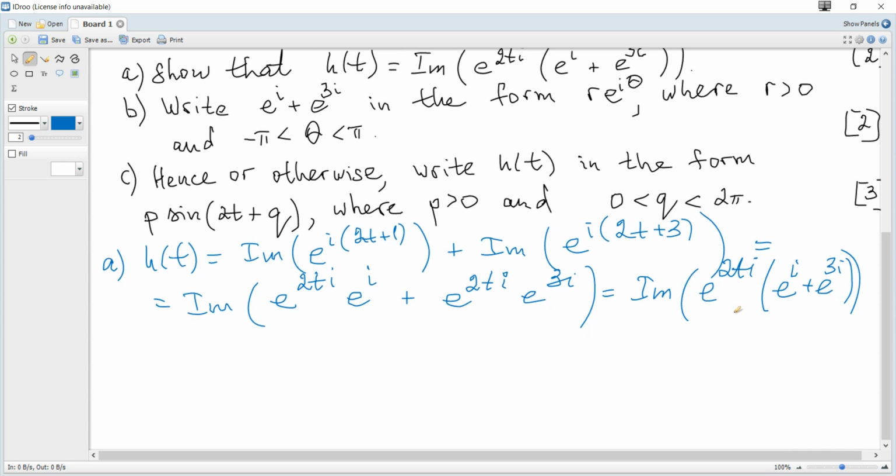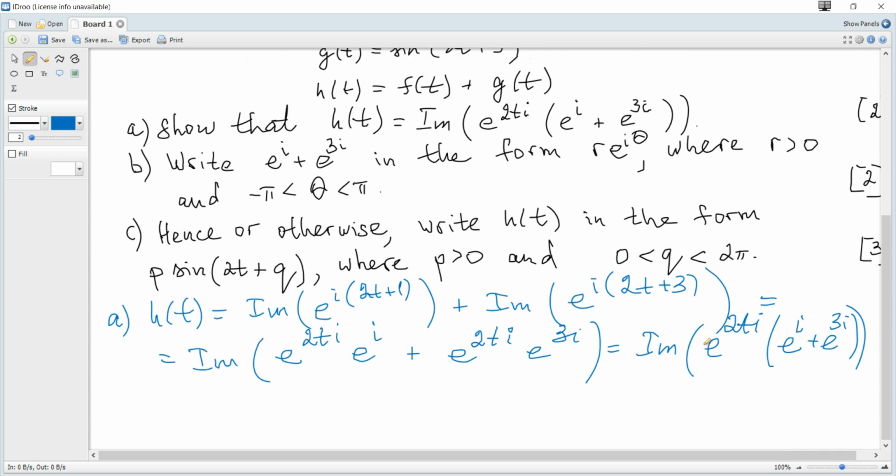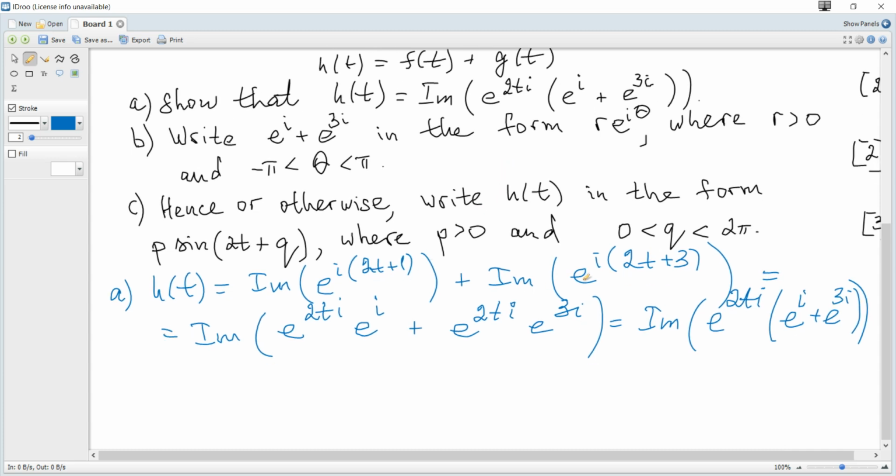We do this step because this part can be calculated with a calculator, and this part cannot, because if there is a t, the calculator doesn't work. There must be numbers and i only.